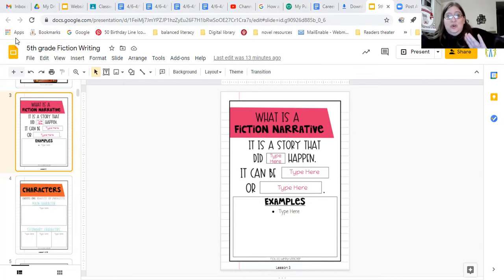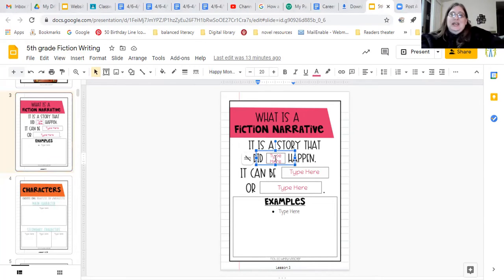You will have your own, and you're going to go to slide 3. You are going to put in the notes that a fiction narrative is a story that did not happen. I'm going to put that in all capital letters because it is very important for us to know that a fiction narrative did not happen.